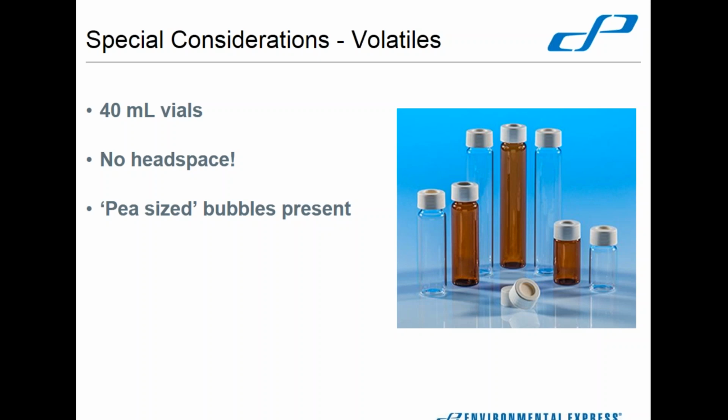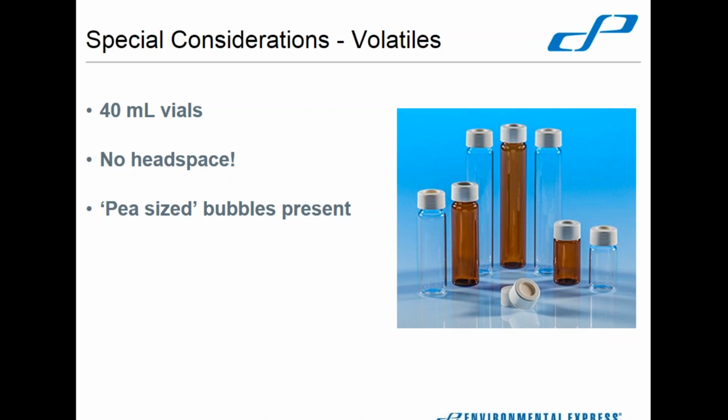It has a syringe on it that punctures the septum and draws sample out, does its analysis, and then as the syringe pulls out, that septum is designed to close back in on that hole. The hole is still there, but the material has closed in around it and closed that hole off so that it is once again airtight and you've not lost anything. You're not allowing air to get back into the sample or analyte to leave the sample.